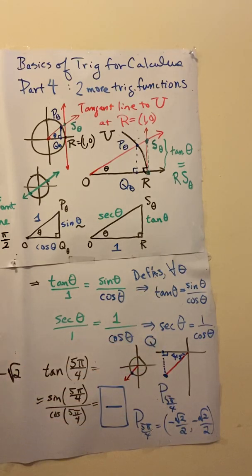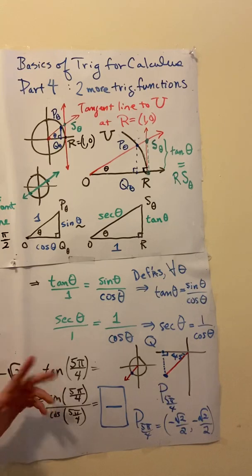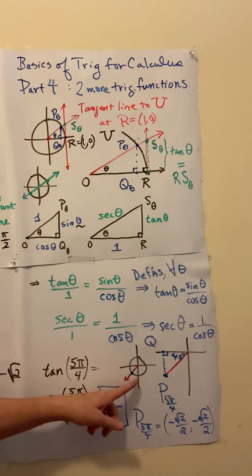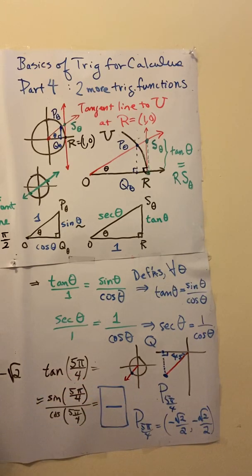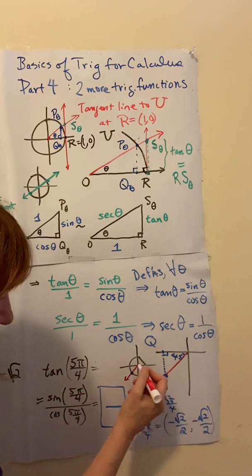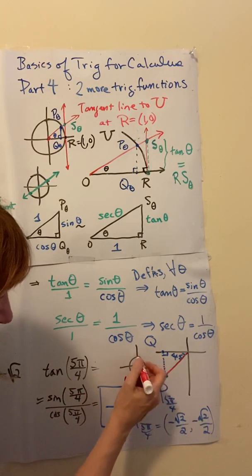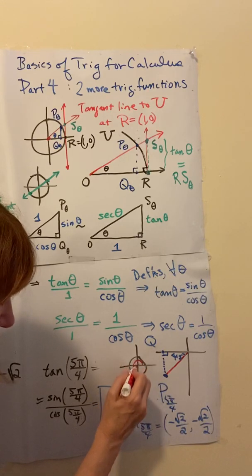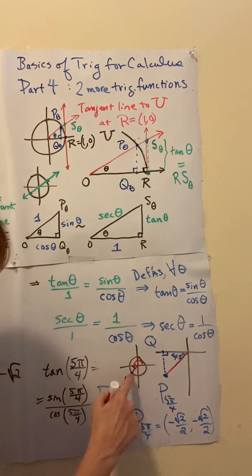For example, what's the tangent of 5 pi over 4? If a calculus student suddenly needs that, you'll see them drawing the unit circle, putting 5 pi over 4 in standard position. There's 1 pi over 4, 2 pi over 4, 3 pi over 4, 4 pi over 4, 5 pi over 4. So there's your angle 5 pi over 4 in standard position.